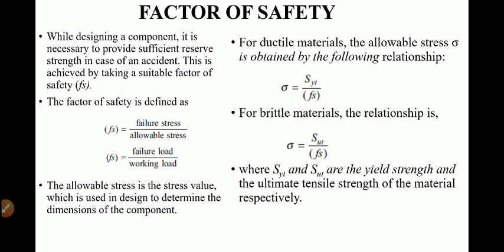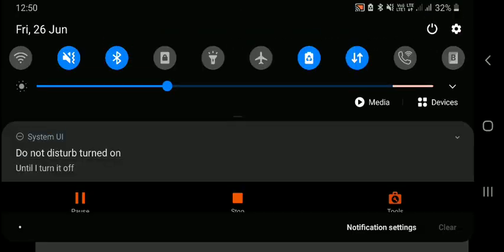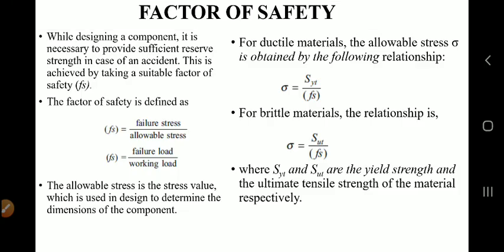We need to provide sufficient reserve strength in case of an accident. That means suppose the load acting is 10 kilonewton and on the component suddenly a 12 kilonewton load is acting. When the maximum capacity of the component is 10 kilonewton and we are applying 12 kilonewton, obviously it is going to fail.